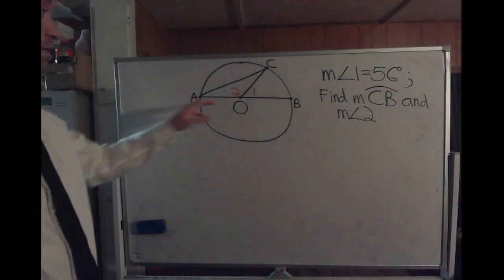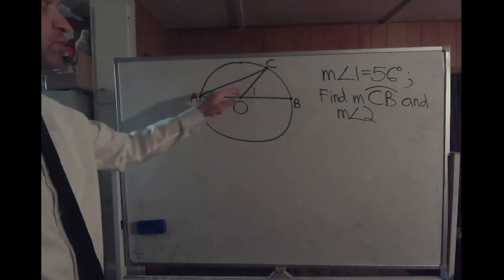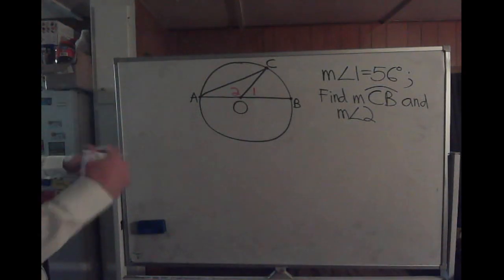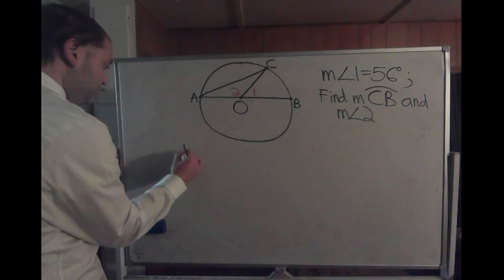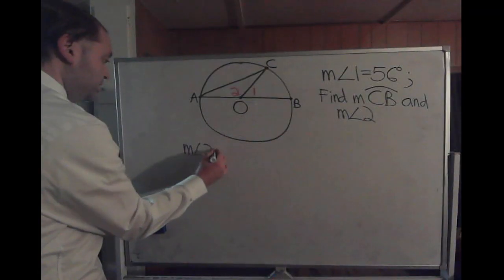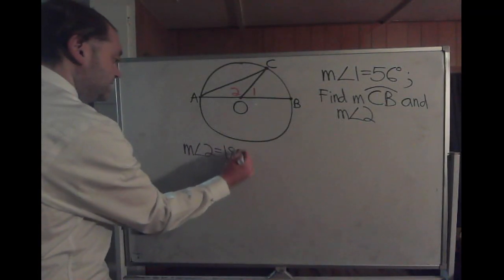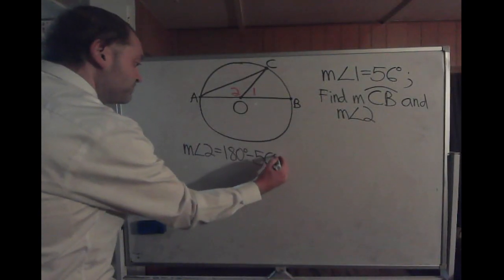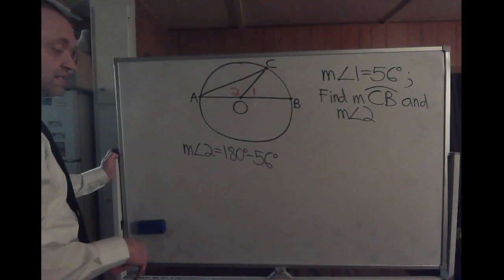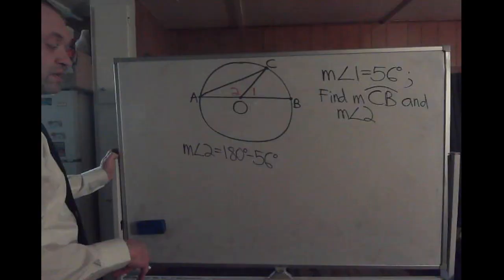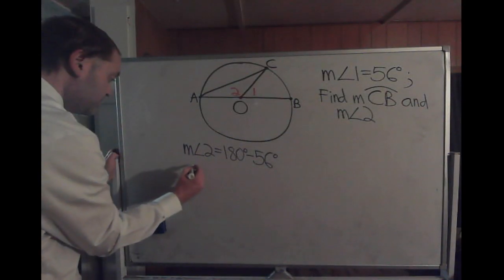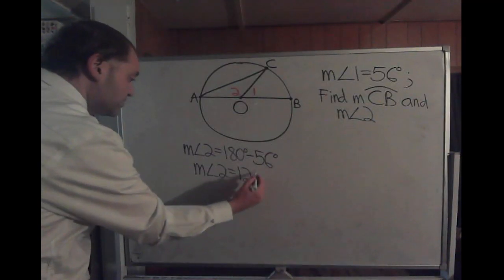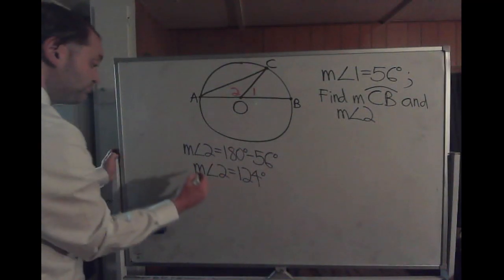If you look at this, you see that together angles 1 and 2 form a straight line. They form a 180 degree angle, right? So that means the measure of angle 2 is simply going to be equal to 180 degrees minus the measure of angle 1, which was 56. Well, what's 180 minus 56? That'd be 124. So the measure of angle 2 would have to equal 124 degrees.